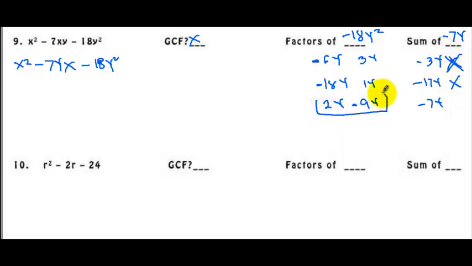So this is our correct combination. So you will have x plus 2y, x minus 9y. So this will be the factors of x squared minus 7xy minus 18y squared. Of course, don't forget to check your answer by using the FOIL method.